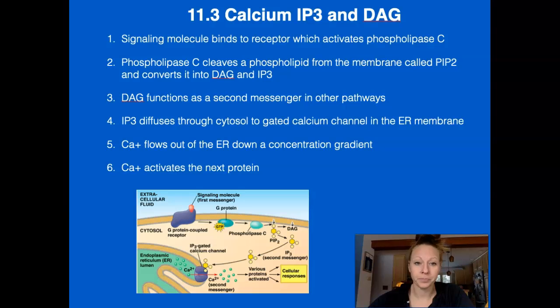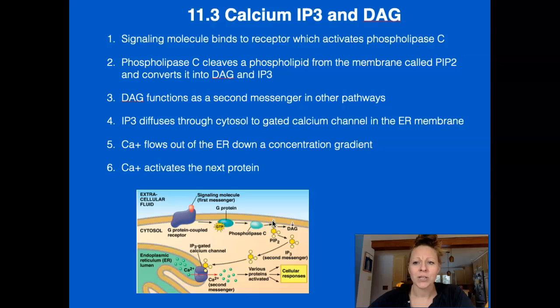So here, let's start at the beginning. Here's our first messenger. It's going to attach to our signaling protein, or our receptor protein. It's going to activate our G protein. And instead of an adenylyl cyclase, we have a phospholipase here. And the phospholipase is going to cleave a phospholipid from the membrane.